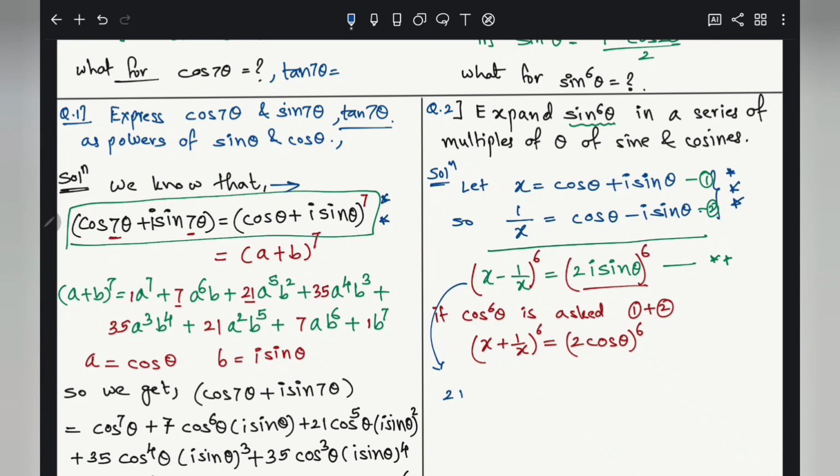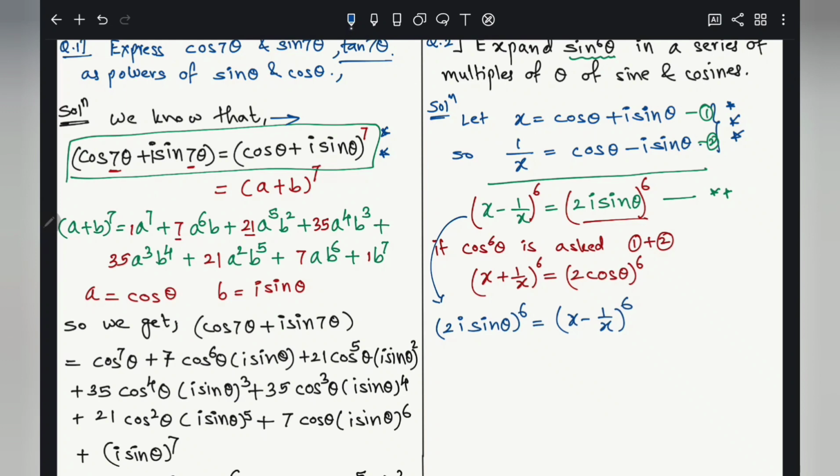So we have (2i sin theta) raised to 6 is (x minus 1 by x) raised to 6. Okay. And now we will carry out the simple binomial expansion here again.